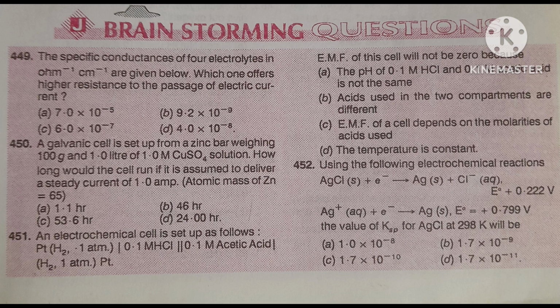You have to tell about the EMF. EMF of this cell will not be zero. Why? You have to answer any one. First option, the pH of 0.1 m HCl and 0.1 m acetic acid is not the same.